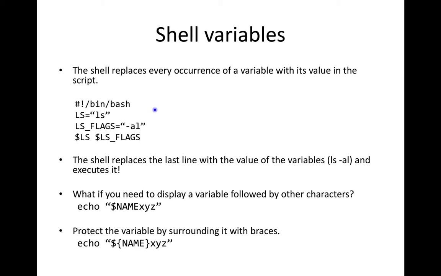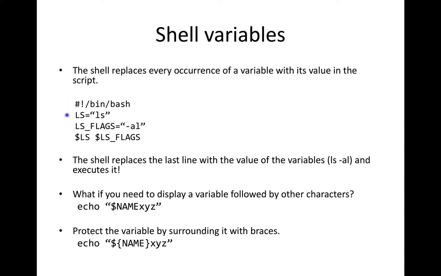And this is where shell scripts kind of diverge a little bit from our traditional programming languages, because you would really never see this sort of behavior in something like a Java application. Let's walk through this short little example script and see what's going on here. So we start out the script with our shebang /bin/bash statement. That tells the interpreter that this is a shell script that it needs to execute.